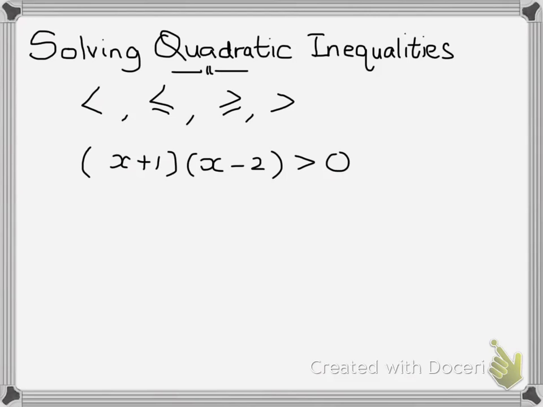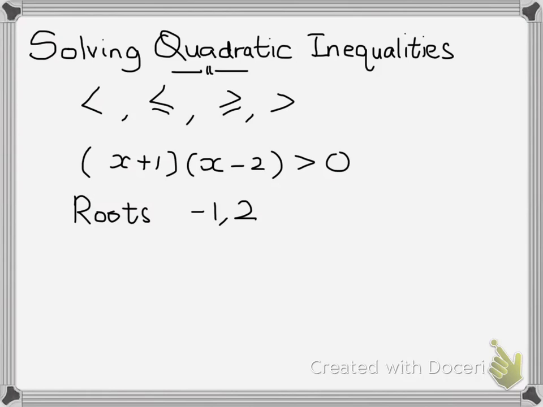So how do we do that? First thing to do is to determine the roots. The roots mean when this equals 0. So the roots here are x is negative 1 or 2.